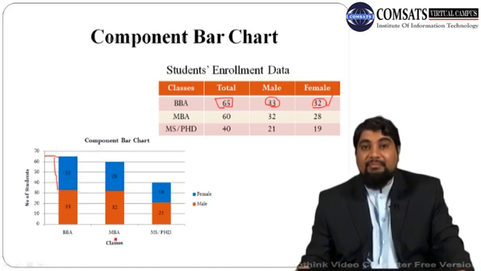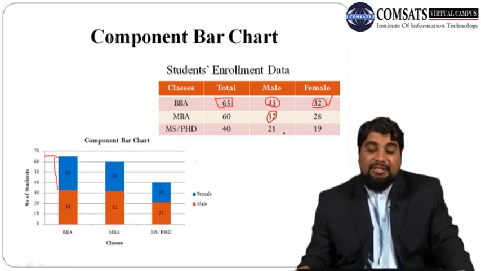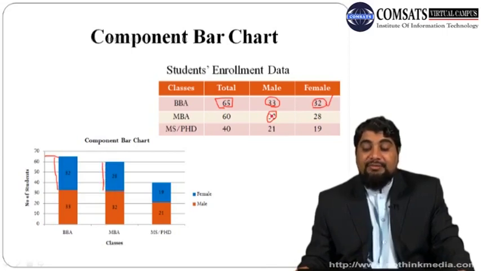Similarly for MBA, the second category, 32 students are male, so first draw the bar with height equal to 32, and 28 students are female. From 32 start counting 28 upward. So 32 plus 28, you will end up with 60.